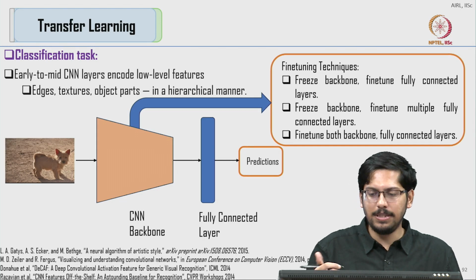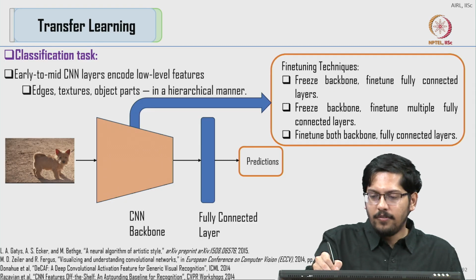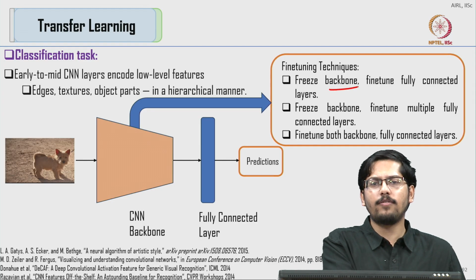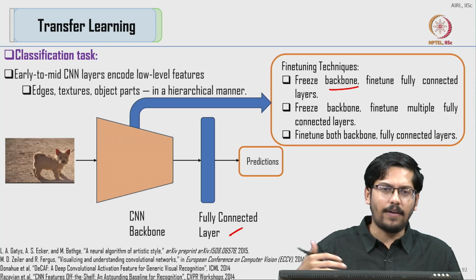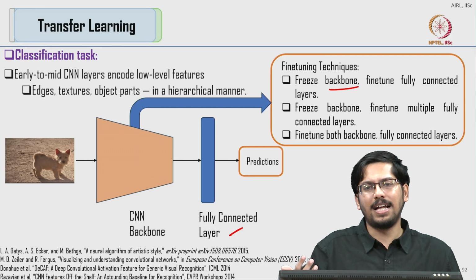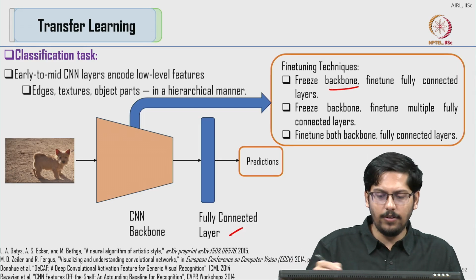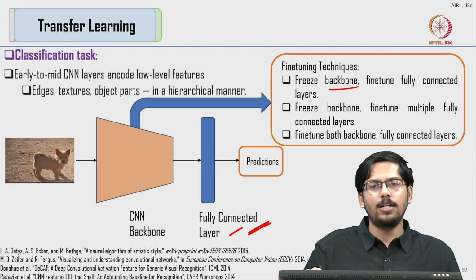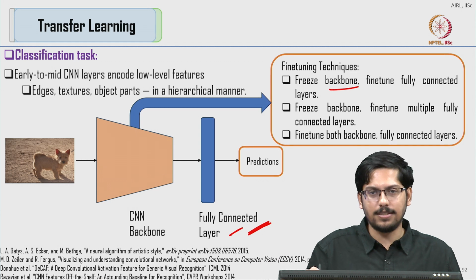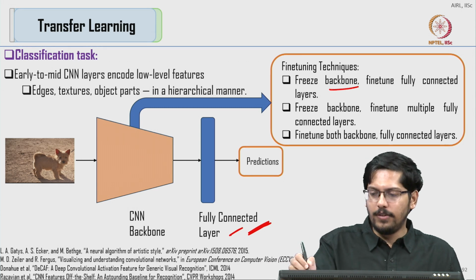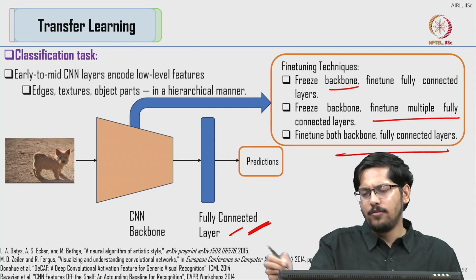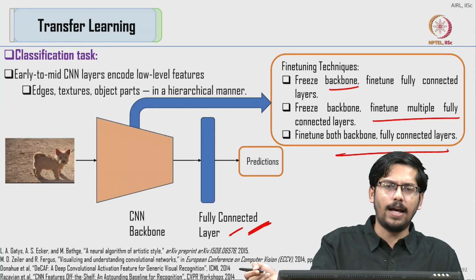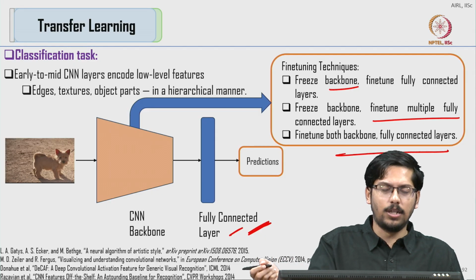Fine tuning techniques means we can essentially freeze the backbone and focus on fine tuning only the fully connected layers. If the number of classes in the datasets is different, then we would want to have a new fully connected layer with the new set of classes, right? We could also freeze the backbone and fine tune multiple fully connected layers, and we could actually fine tune both the fully connected and the convolutional backbone layers.